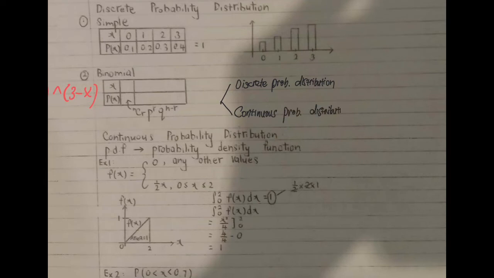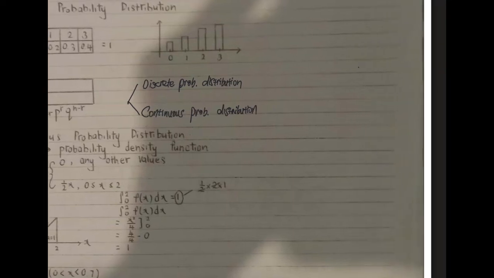So we have 2 types, discrete and continuous. For the discrete probability distribution, we have binomial and others. For continuous probability distribution, we have normal distribution and others.